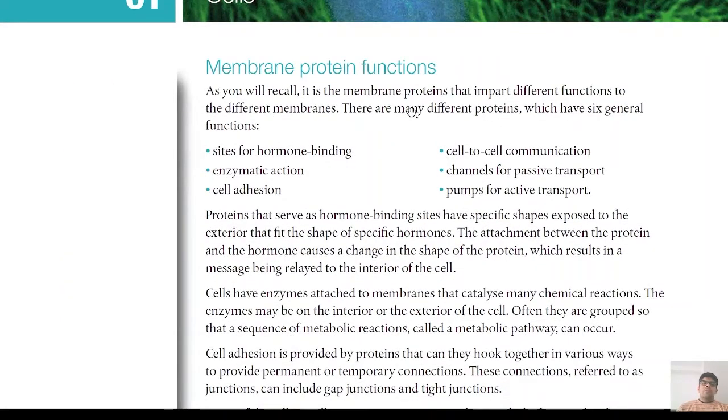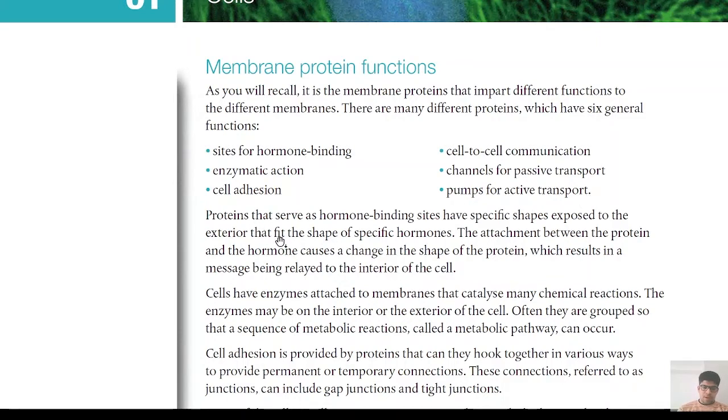So, membrane protein function, as you will recall, it is the membrane proteins that impart different functions to the different membranes. There are many different proteins which have functions such as channels, sites of hormone binding, enzymatic action, cell adhesion, cell-to-cell communication, channels for passive transport, and pumps for active transport.